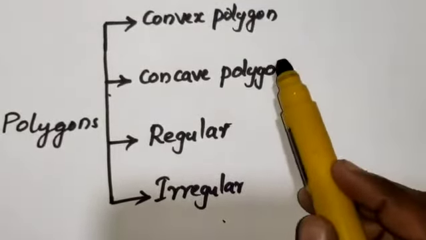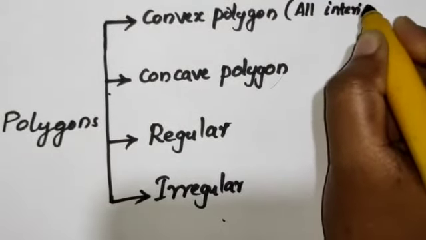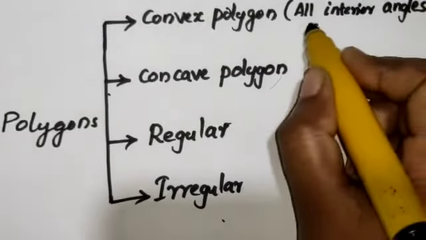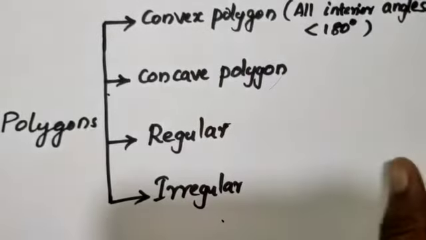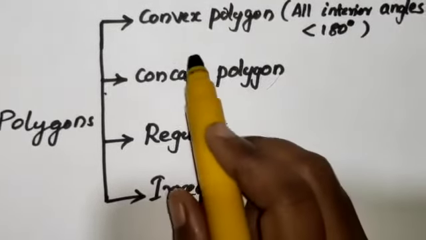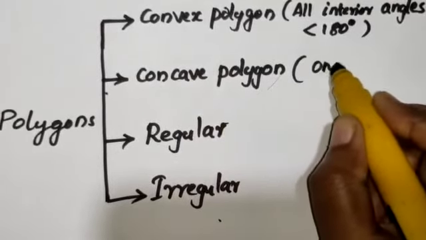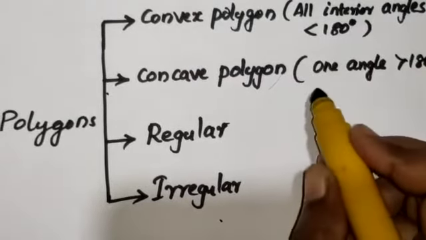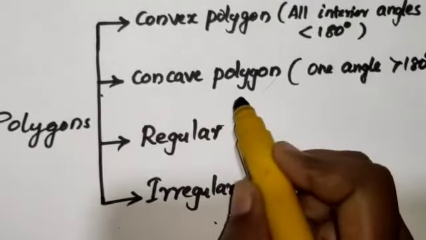Convex polygon means if all interior angles are less than 180 degrees, we call it a convex polygon. In a concave polygon, one angle will be greater than 180 degrees. If one angle in a polygon is greater than 180 degrees, we call it a concave polygon.